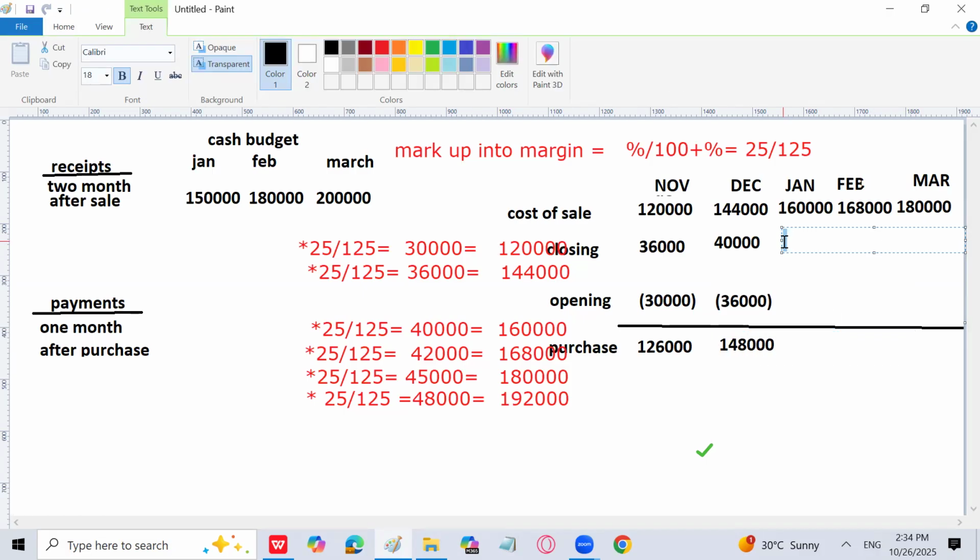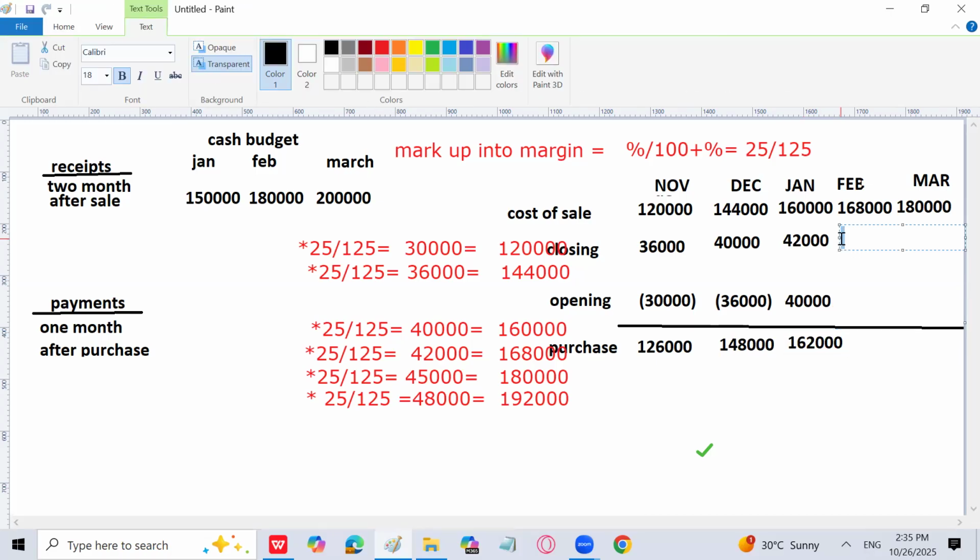Now again, for January cost of sales is 168,000 into 0.25, that is 42,000, and the opening is going to be 40,000. So that is going to be 162,000. All students have taken those figures, which is regarding the sales value.